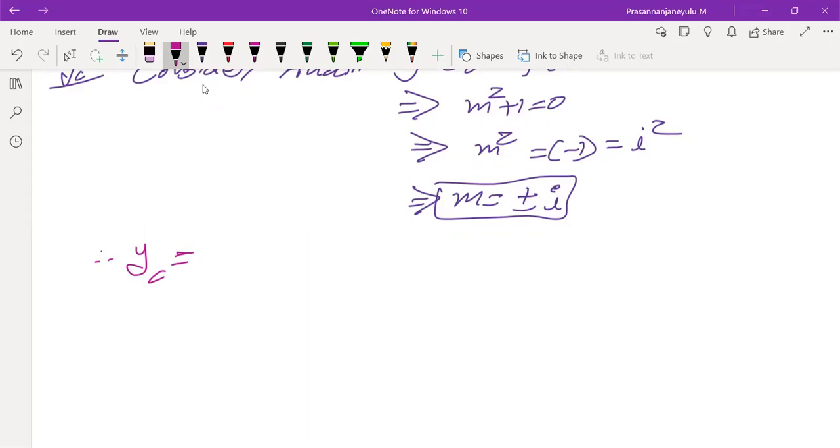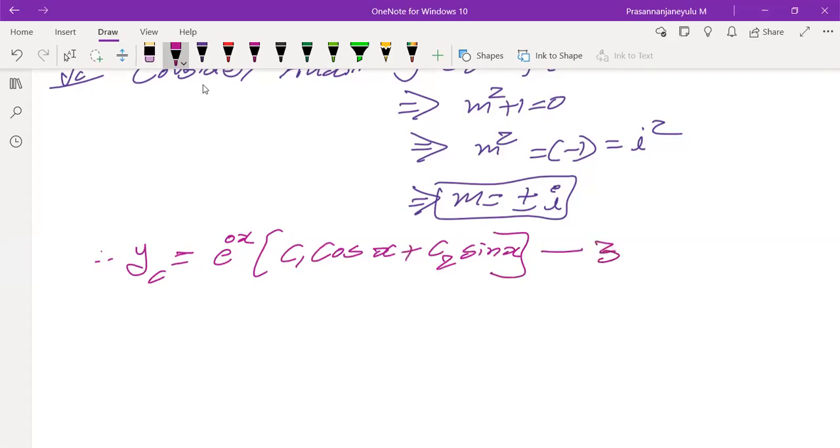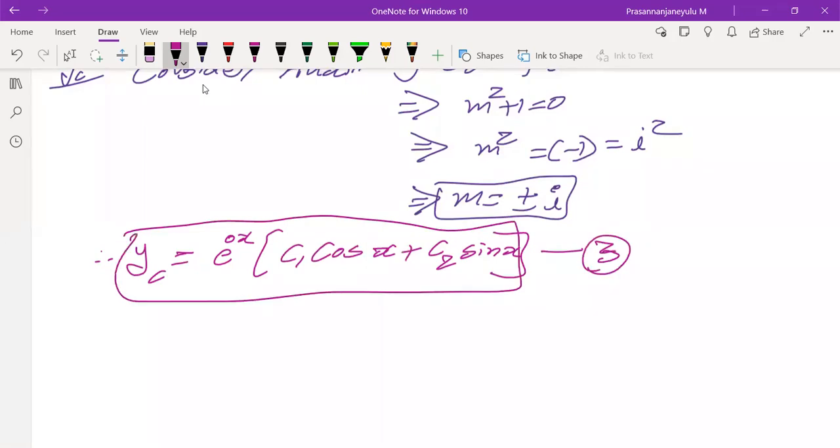Actually, we have to write it like this: e power 0x into c1 cos x plus c2 sin x. This is equation number 3. So we completed finding yc. While substituting this yc, e power 0x we will write as 1.